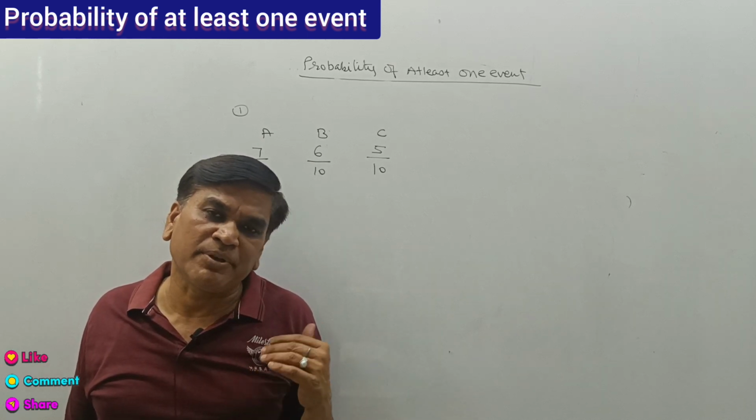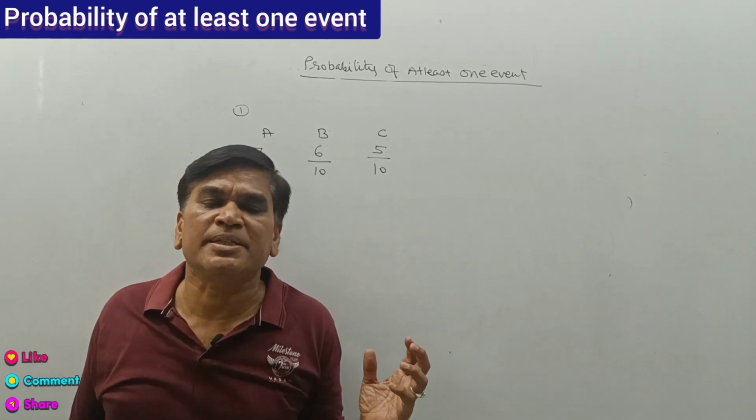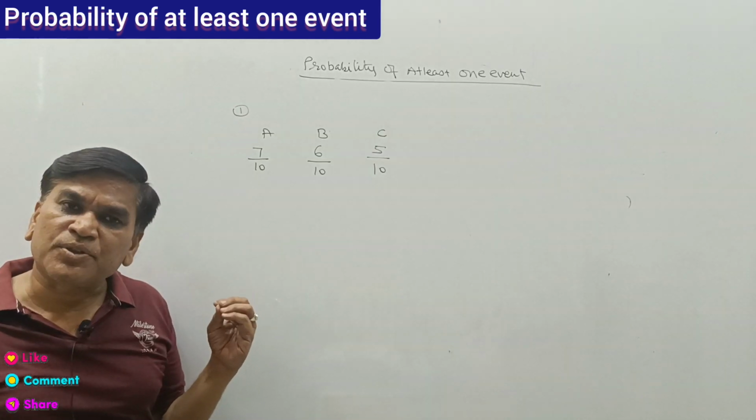If one question is given to all these students, what is the probability that the question will be solved?